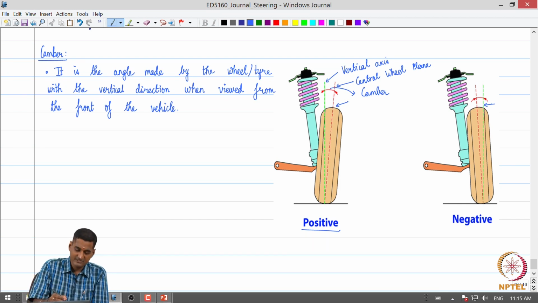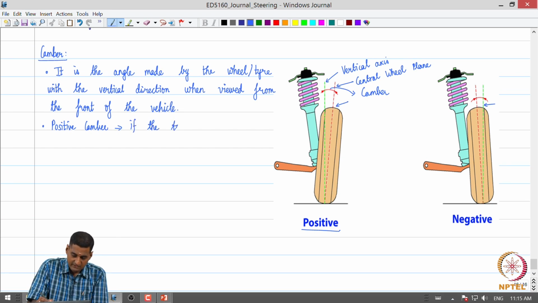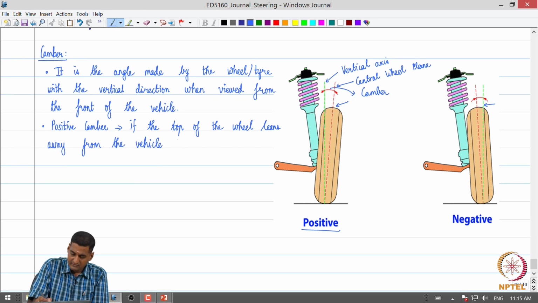So, that is the sign convention. So, positive camber is one when the top of the wheel leans away from the vehicle body. Okay, that is positive camber.